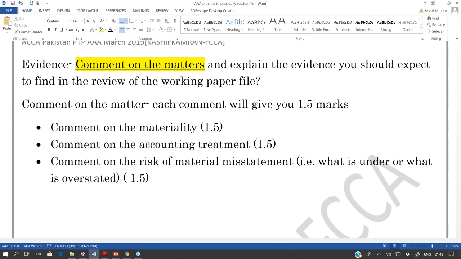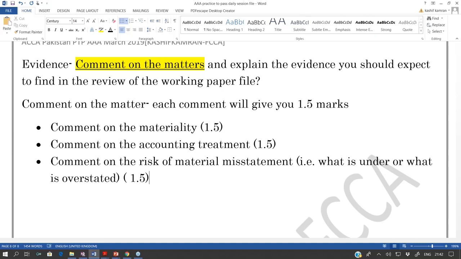But when you write the same thing in an evidence question, how many marks are we gaining? 4.5. And if we write the same thing in a risk question, how many marks? 3. So do you believe this MTR is a very significant mnemonic in a 100 marks paper?